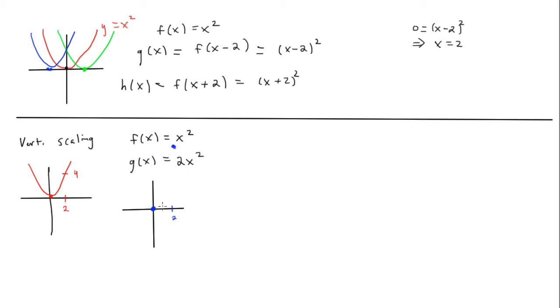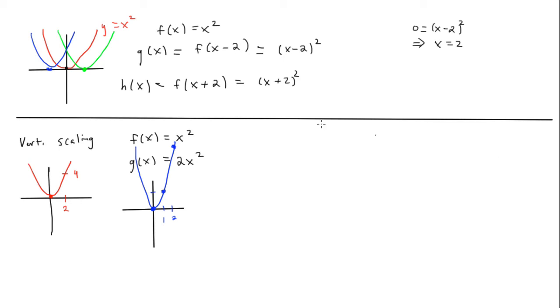On the new graph, that's going to be up at 2. So what we get is a parabola that's been stretched upwards. You can just imagine grabbing both ends of this, pulling up, and if it was made out of rubber or something, then you would get a taller parabola.